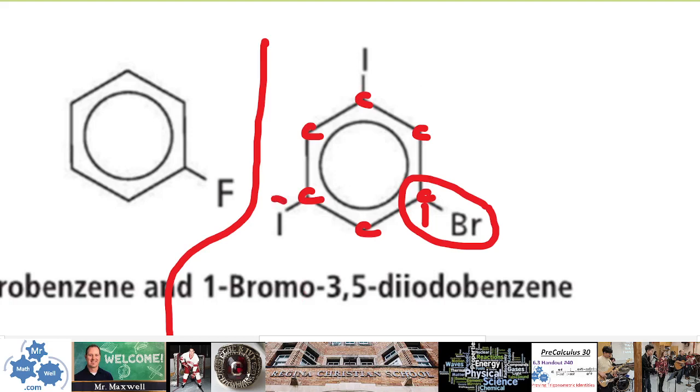The two substituents here are both iodine, and they're both the same distance away from the bromine, so it doesn't matter which way you go. This is going to be a 1, and then if you go down here, this is going to be 3. If you go this way, that's going to be a 3 as well. So we would name it as 1 bromo dash 3, 5, because there's 2 iodines. So 3, 5 dash. How many were there? Well, there were 2. So I need to put di. They're iodines, so that prefix is iodo.